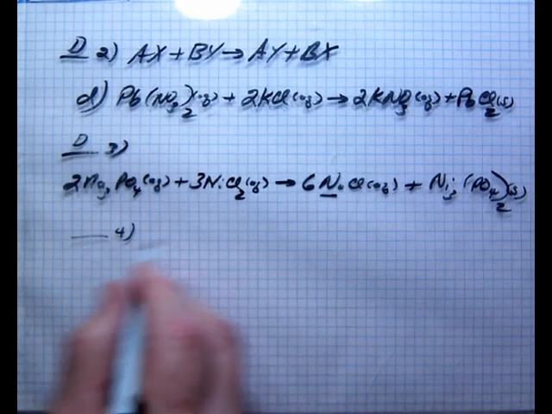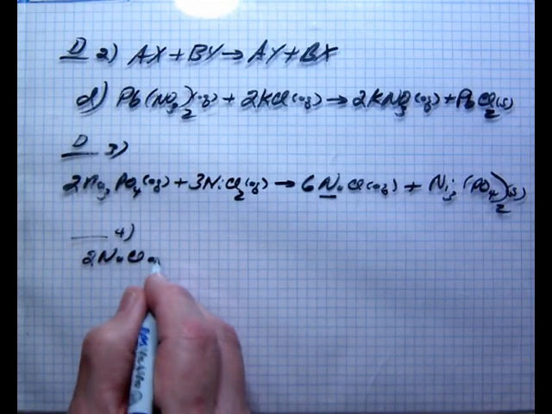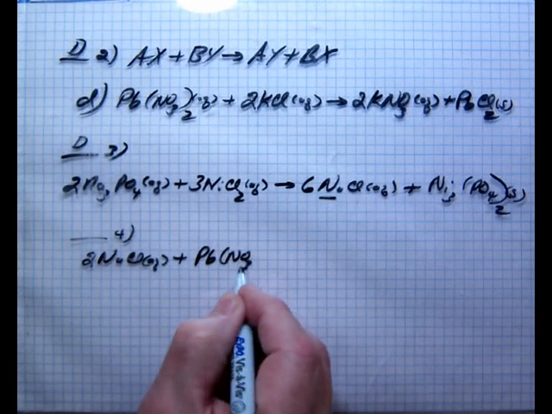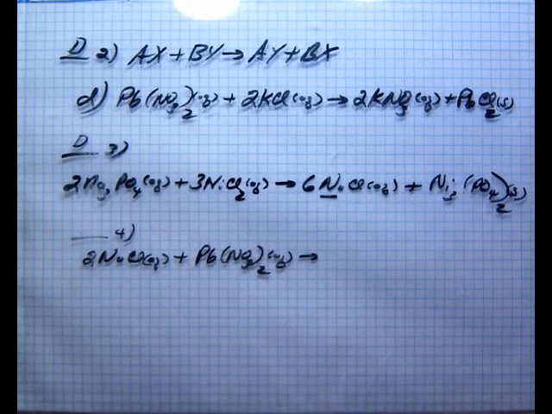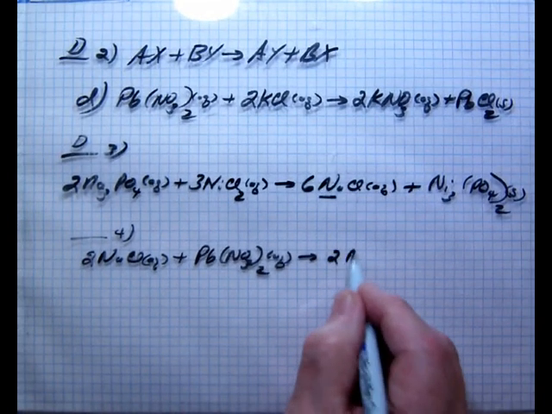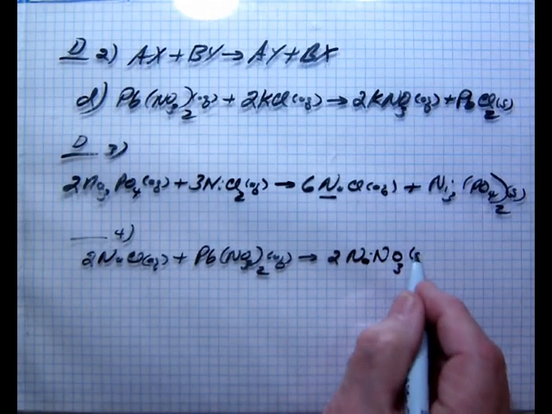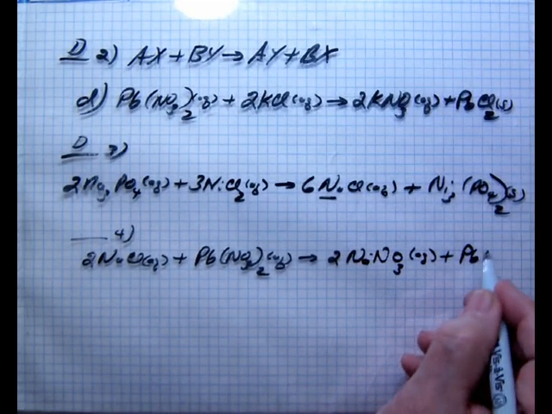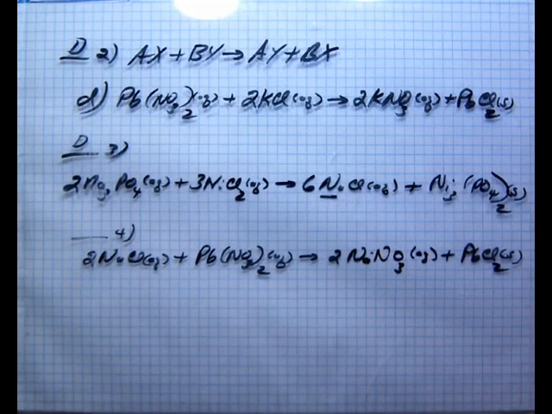So let's jot down the equation. 2 sodium chlorides, aqueous, plus lead nitrate, aqueous, goes to 2 sodium nitrates, of course that's aqueous, and the lead chloride, PbCl2, is the driving force.